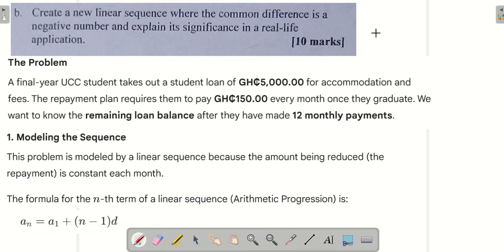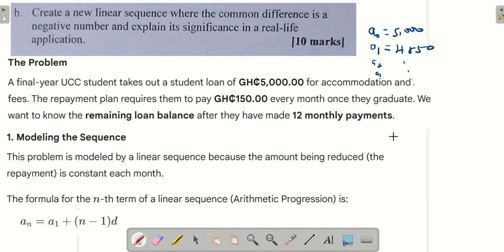Normally we call this 5,000 A0, the initial amount. Now remember that we are reducing by 150. So when we reduce the 5,000 by 150, we get A1, and A1 is going to be 4,850. Good. Then we keep reducing A2, A3 in that order.